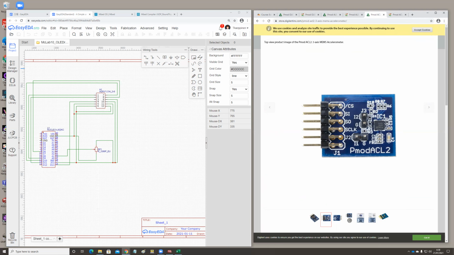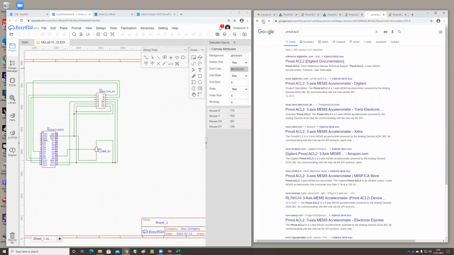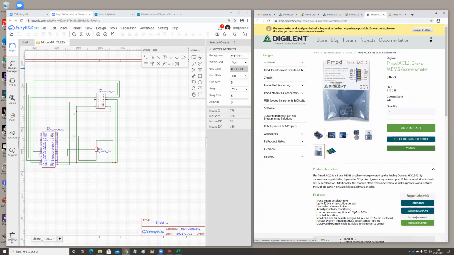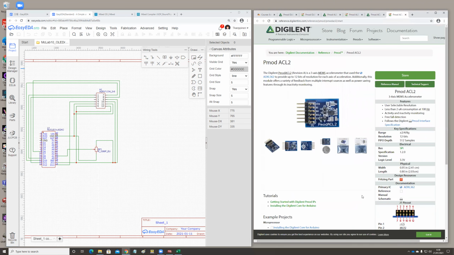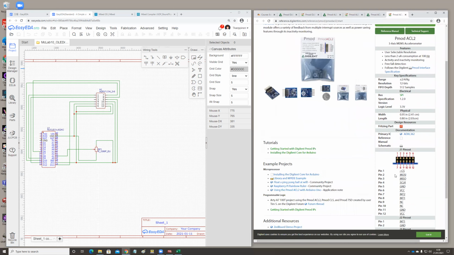And then the bigger part of the board is the connector. So, and then this acceleration sensor is connected again with 12 bits. But we will first start with the easier one, the ambient light sensor.